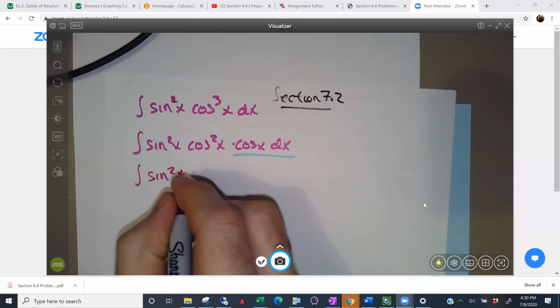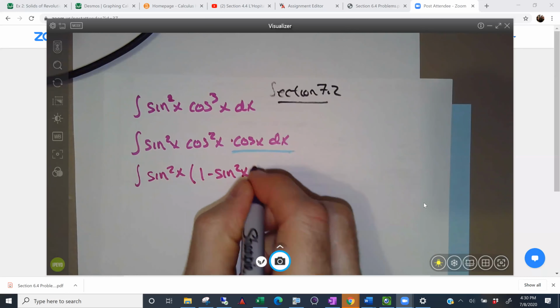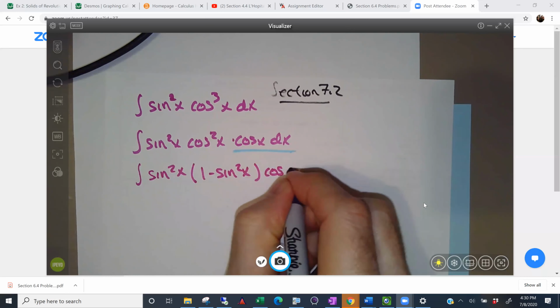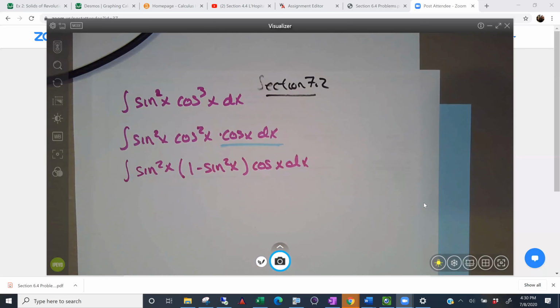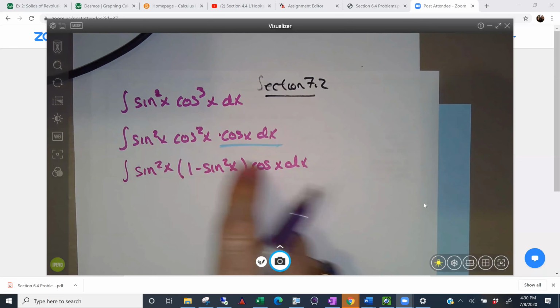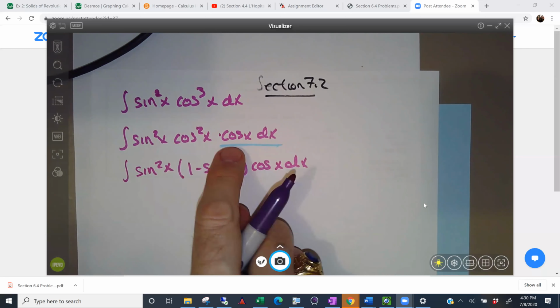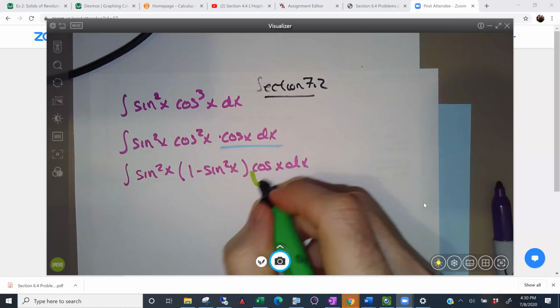Sine squared of x, 1 minus sine squared of x, cosine of x dx. So, okay, nice. I got rid of my cosine squared terms. The only thing I've got left is a du term. And now I'm getting a little bit closer to substituting.